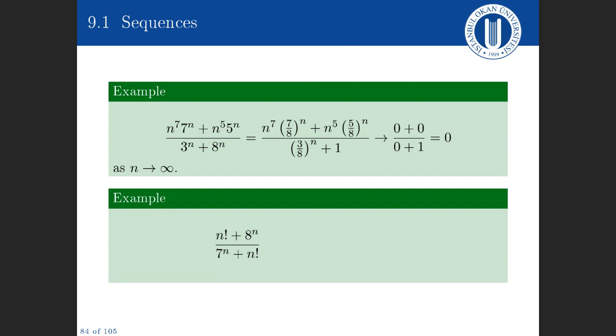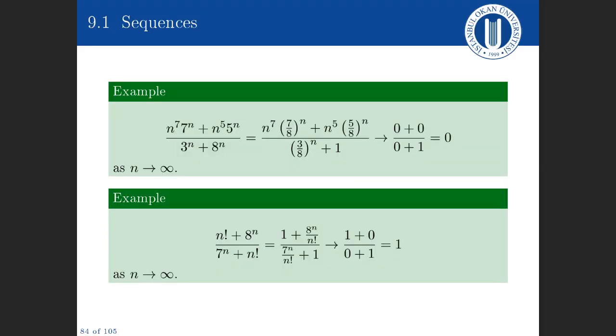Okay, 2 people saying n factorial, 2 people saying a to the power n. The answer is n factorial. So we divide every term by n factorial. 1 plus something which will have limit 0 divided by something which will have limit 0 plus 1. Take the limit, we get 1.